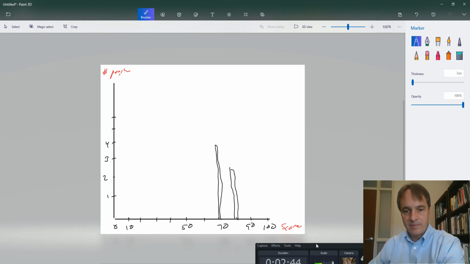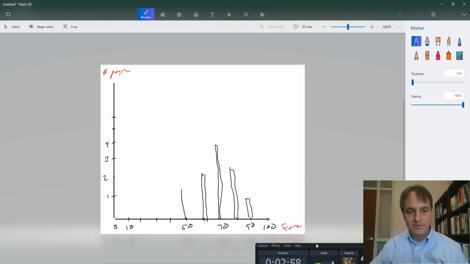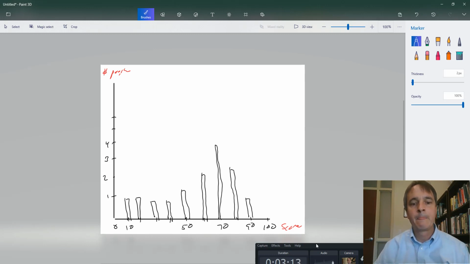And then we just had a couple people who got in the 90s. But going down this way, on the other hand, we had a few people who got somewhere in the 60s. Let's say just a couple people in the 50s. And then we had, let's say, 1 person in the 40s, 1 person in the 30s, 1 person in the 20s, and then let's say 1 person who got 10.